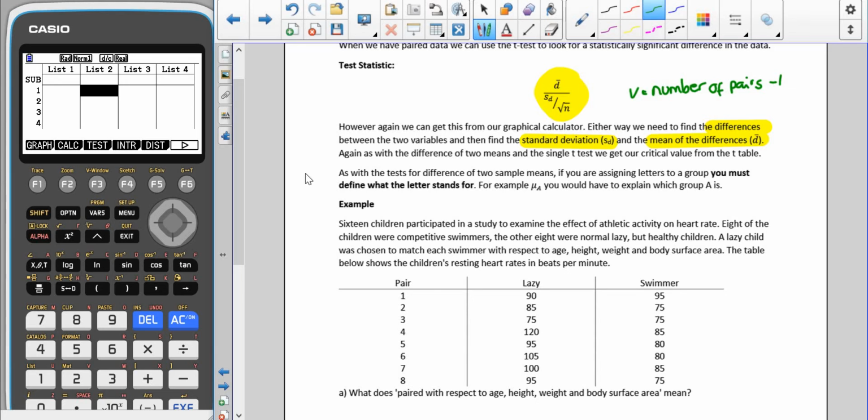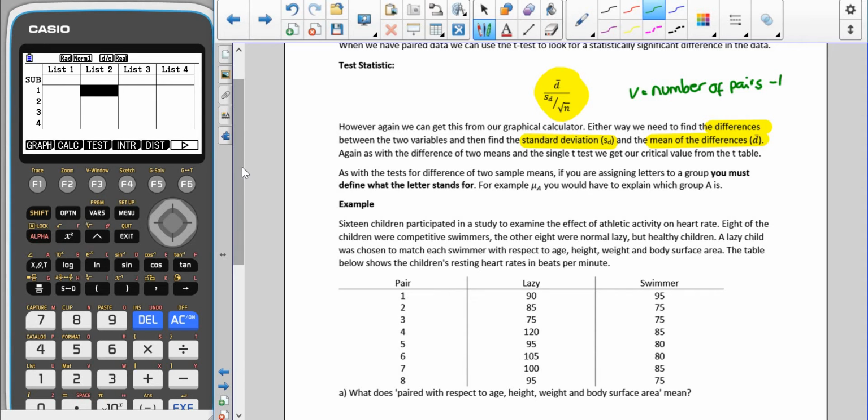So do be careful with that. We do have paired data, but because we're only looking at the differences, we're then treating it as one set of data. So the degrees of freedom is going to be the number of pairs that we had minus 1.